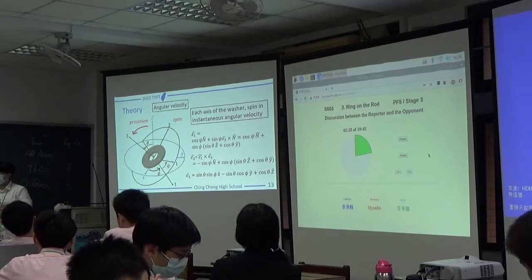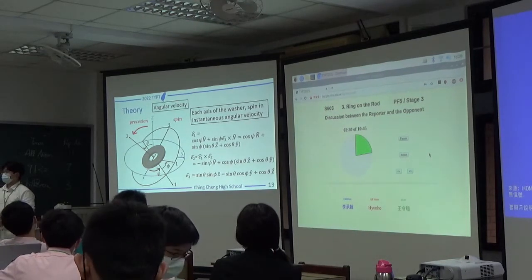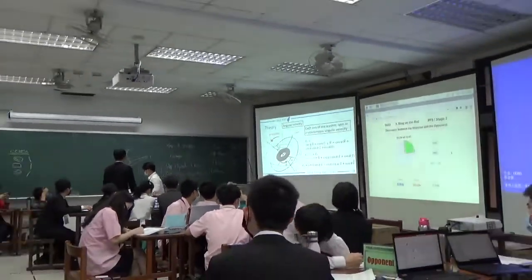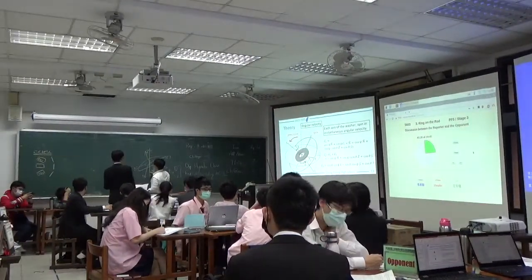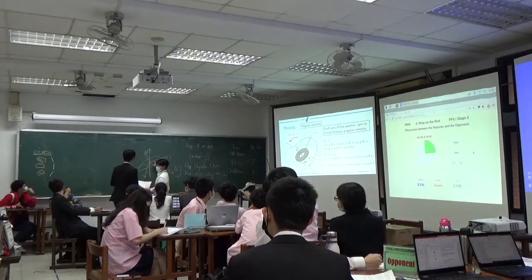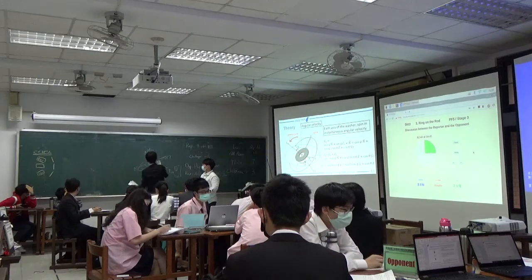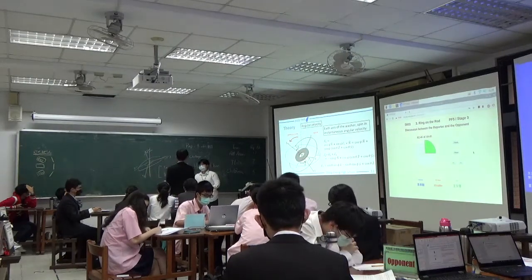Because we think that it is symmetrical, so whatever spins, if it rotates here, we can still budget on this side. Okay, so you think it's a revolution, so it's going to be symmetrical. Yes.